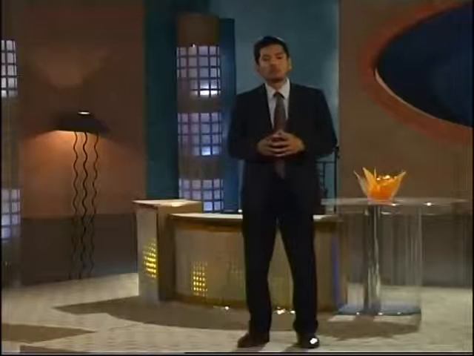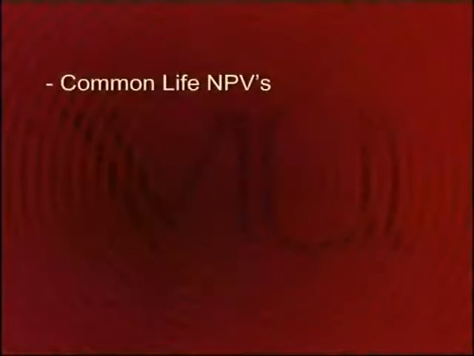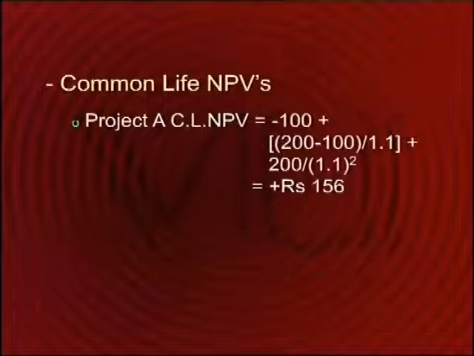जब हम ये कैलकुलेशन करते हैं तो प्रोजेक्ट ए की नेट प्रेजेंट वैल्यू is equal to minus 100 plus 100 divided by 1.1 plus 200 divided by 1.1 squared.